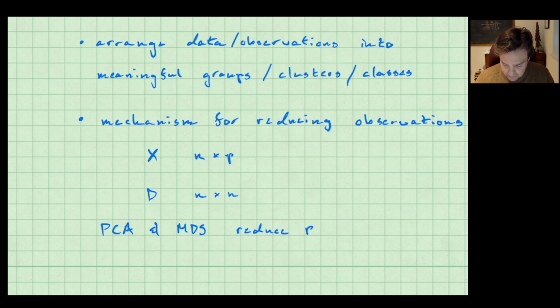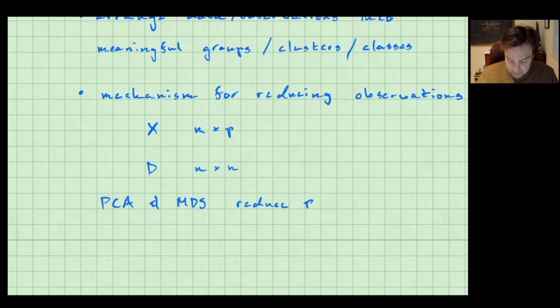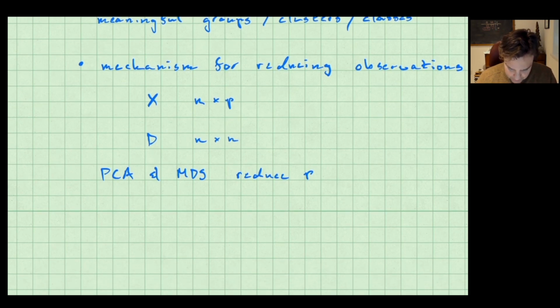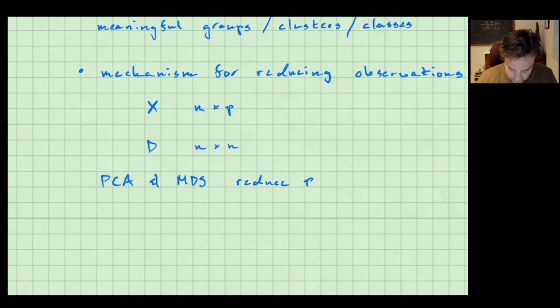They reduce the number of features or parameters. They can be seen as ways of doing that. And clustering reduces n, or can be seen that way. Cluster analysis.